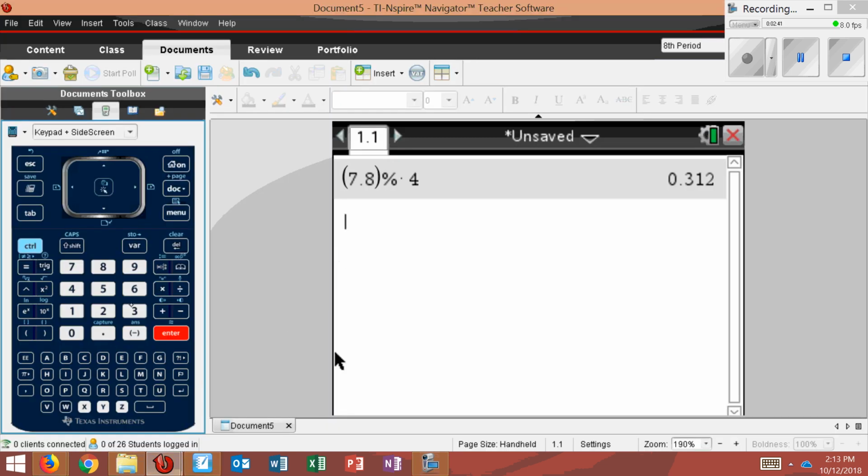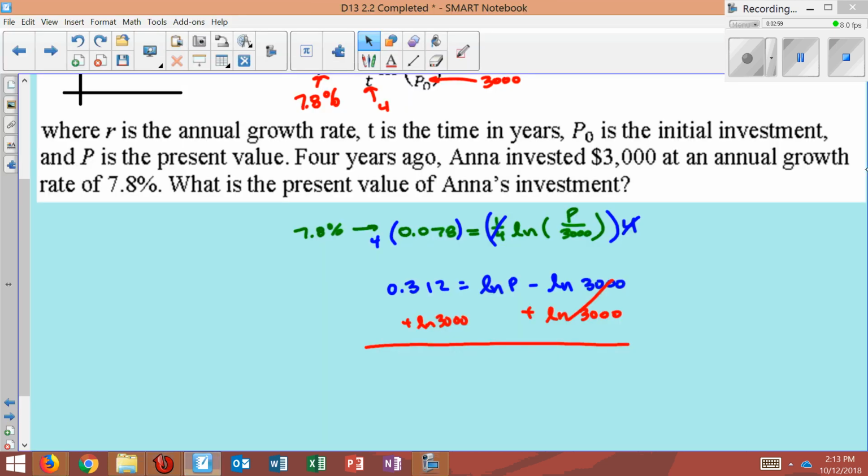I'm going to take that 0.312, and I'm going to add it to the natural log of 3,000, and we get this value, 8.3, I'm going to say 8.32. So 8.32 will equal the natural log of P.